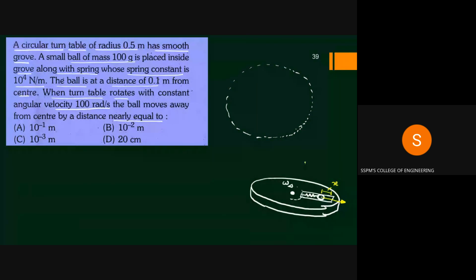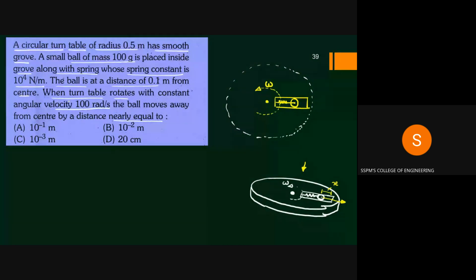If you observe from the top, this is your diagram. This is the center. This is the groove like this. This is the ball which is kept inside the groove. The ball is fixed with the help of a spring, and the turntable rotates with a certain angular speed omega.